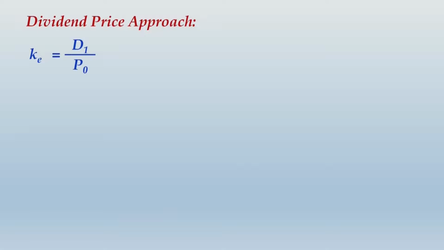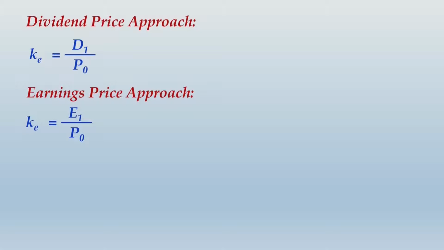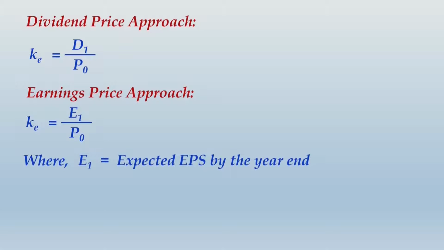That is dividend price approach. Here that growth factor is not considered. All variables otherwise would have the same meaning. And then we have earnings price approach, where in place of dividend, what we consider as the numerator in this calculation will be the earnings. So we may define a new variable over here, that E1 is the expected EPS by year end.